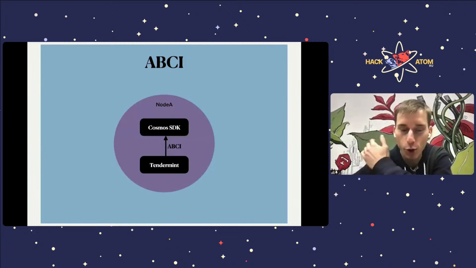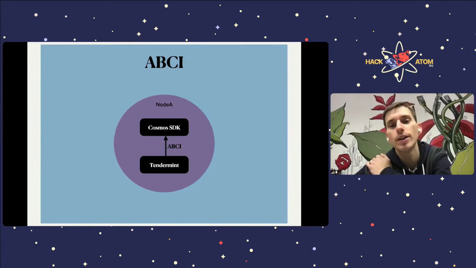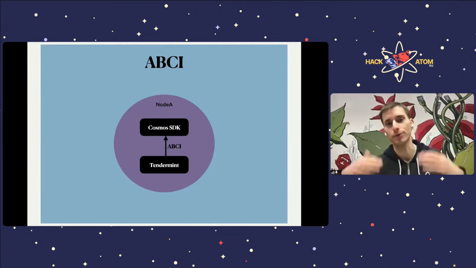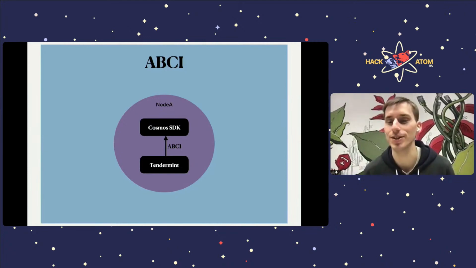Right, Cosmos SDK is just the same kind of application, an application using the ABCI interface. Essentially, Cosmos SDK is not a full-fledged application. It's a framework that helps you build your own app.